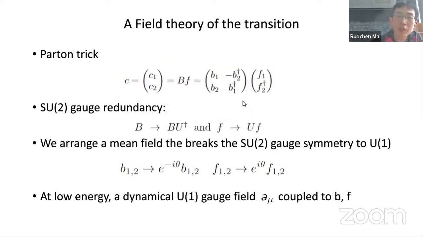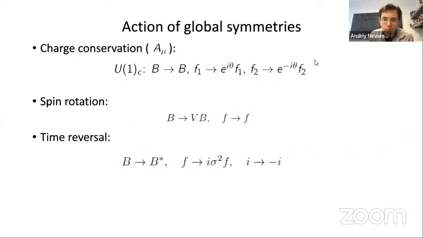Actually, it is charged under the SU2 gauge redundancy, but however, we've already Higgsed it to a U1, and it does not carry the global spin charge. Right. So if for now you only concentrate on global symmetries, would it be correct to say that F carries a global U1, so it's charged under the global electromagnetic field, but at the same time it doesn't carry any spin. So you essentially moved all the spin indices onto the boson. Exactly. Thanks. Yeah.